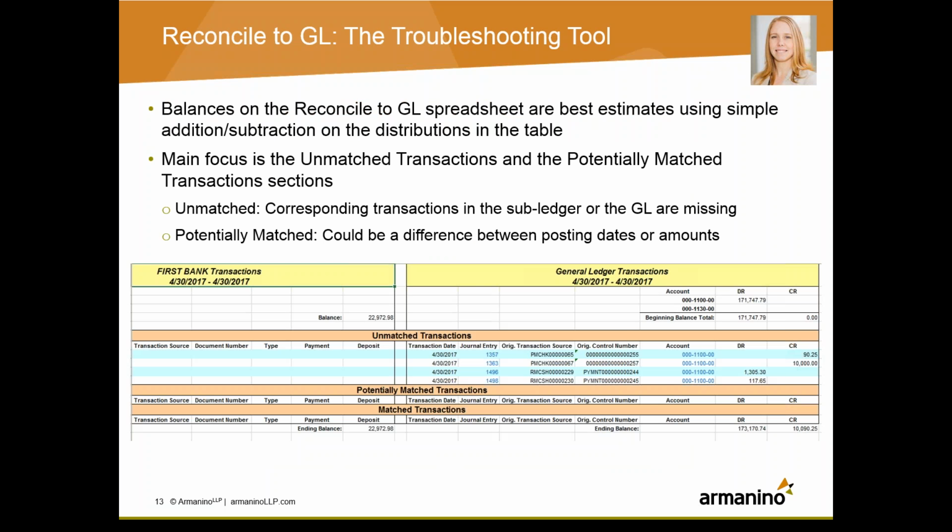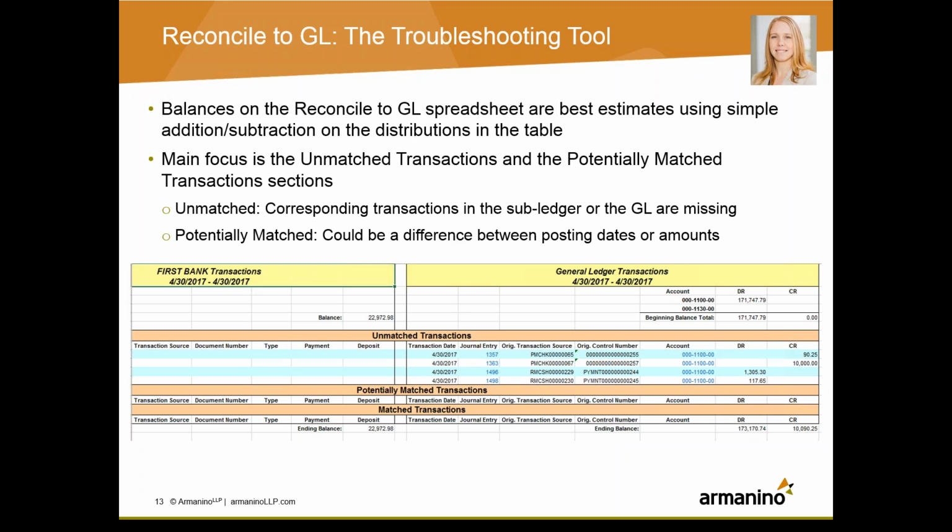And so here is an example of what you would see when you run the Reconcile to GL tool. The balances on the spreadsheets are matched or unmatched or potentially matched. So the ones that you want to look at in terms of finding your discrepancies are the unmatched and potentially matched. In this case, we see 4 transactions that are unmatched.